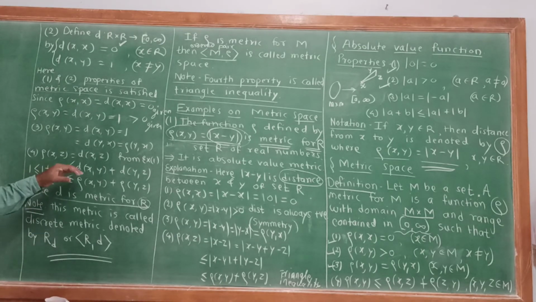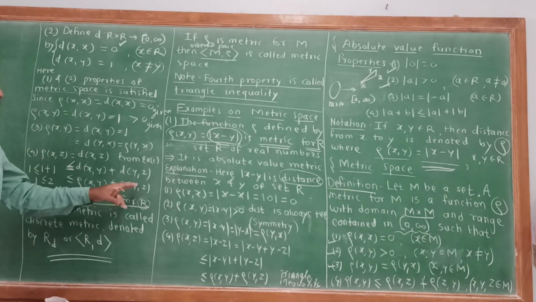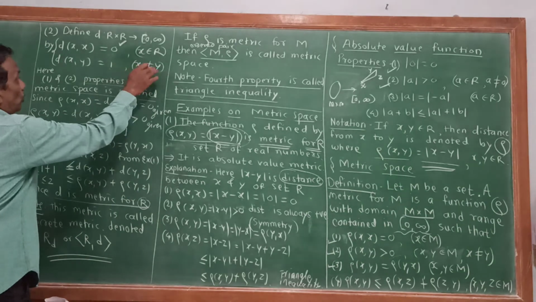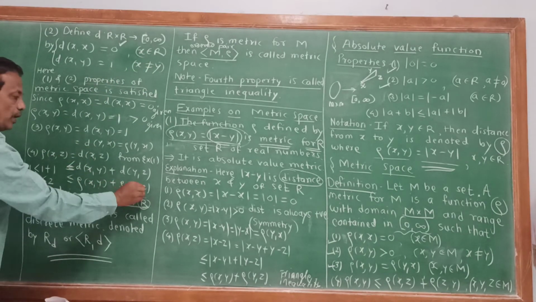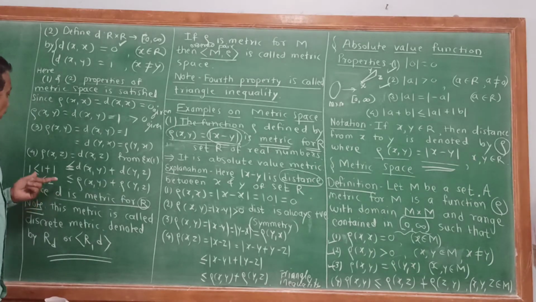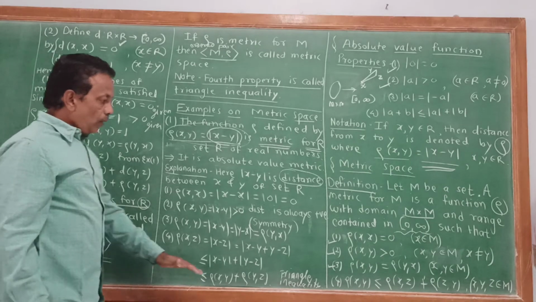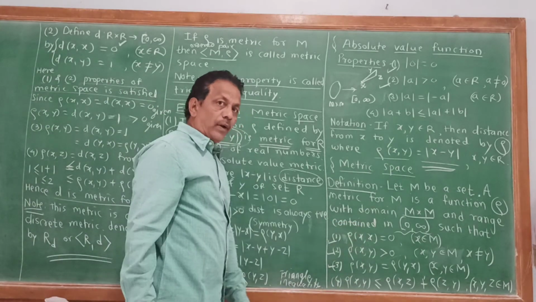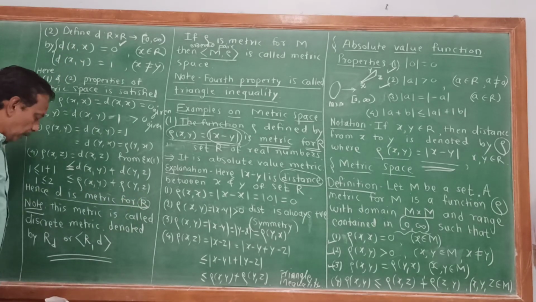It is true. And hence third and fourth are also satisfied. Hence all four properties are satisfied by this definition. Hence d is a metric for R.